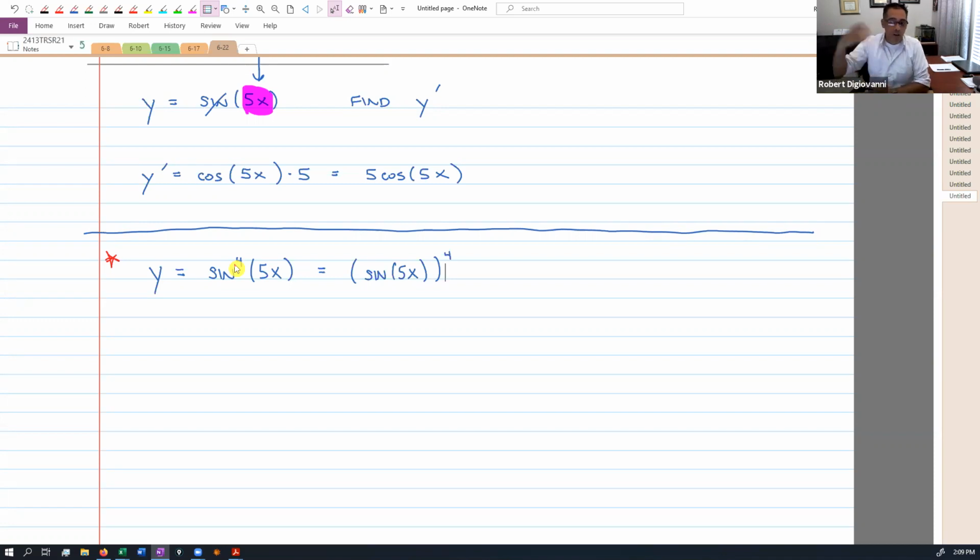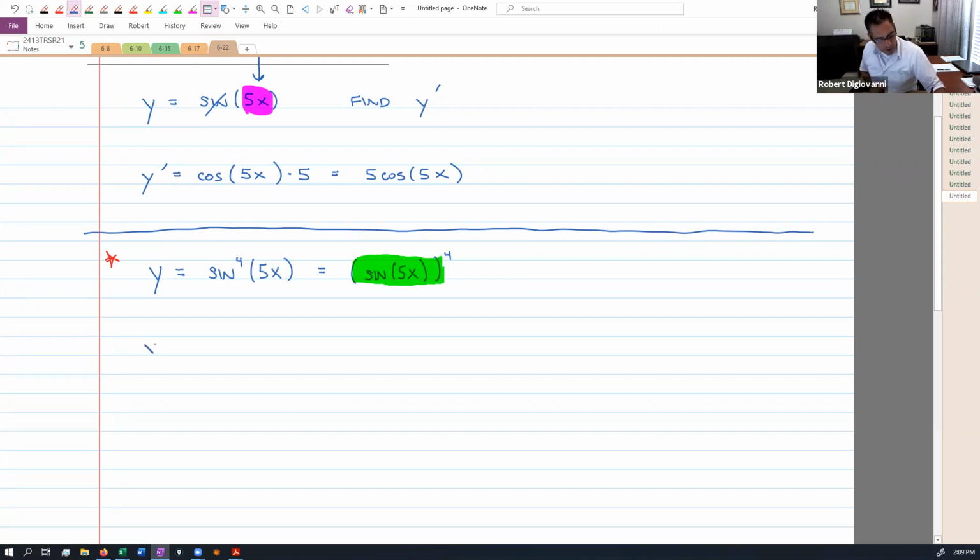So the outermost function, Bree, what's the outermost function that you see here? Something to the 4th, right? And you said X, that's fine, but I'm not going to call it X because it's actually not just X. It's all this crap, right? The green crap to the 4th. Yes, that's what we have.